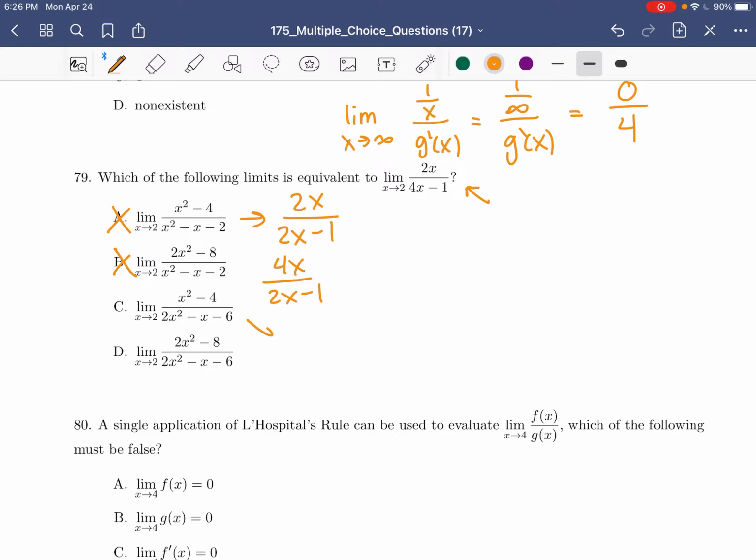Not the answer. C is going to be 2x over 4x minus 1. That is our answer. If you did the same thing for D, you'd get 4x over 4x minus 1. Not D, it's C.